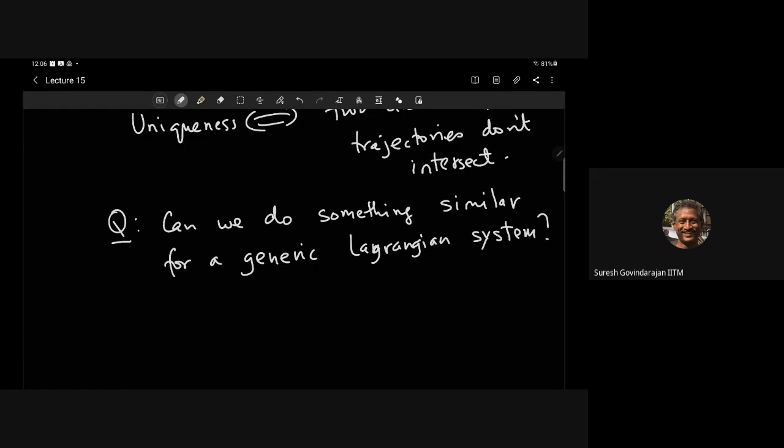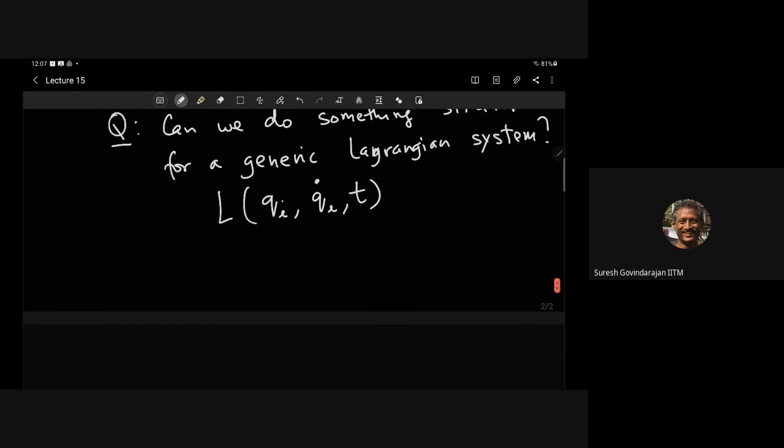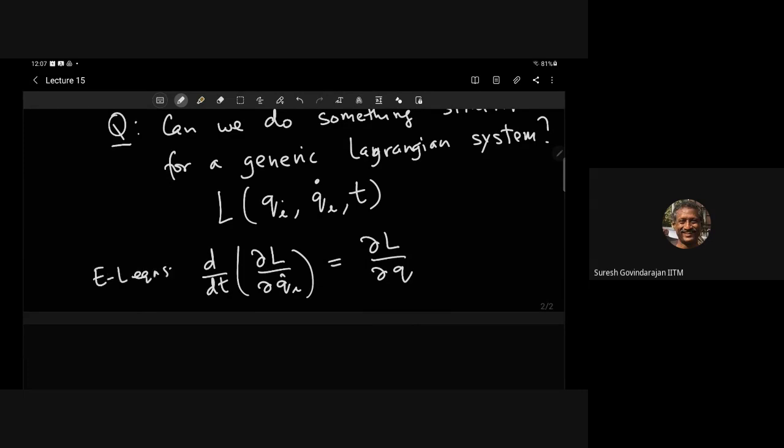What is it we are given? We are given L of q, q_i dot, and some time. And the Euler-Lagrange equations, of course, is d by dt.